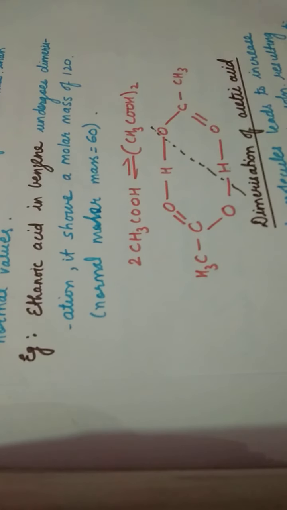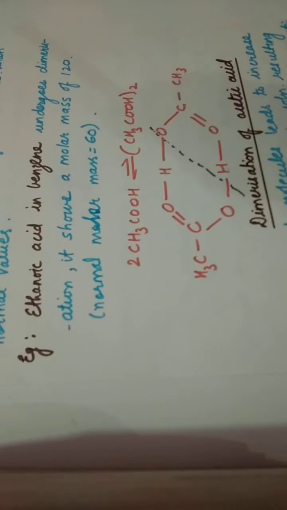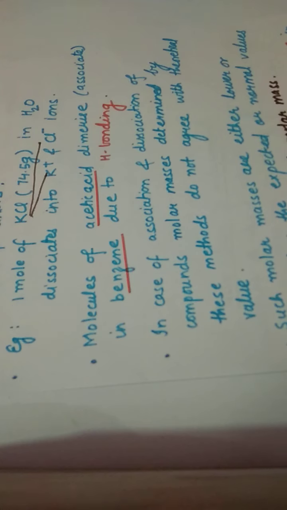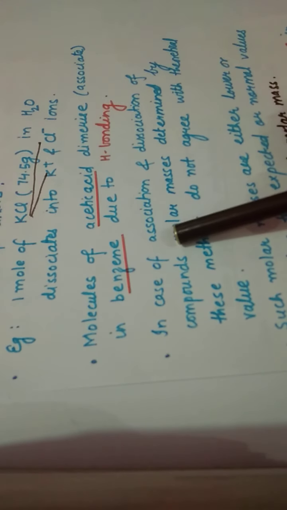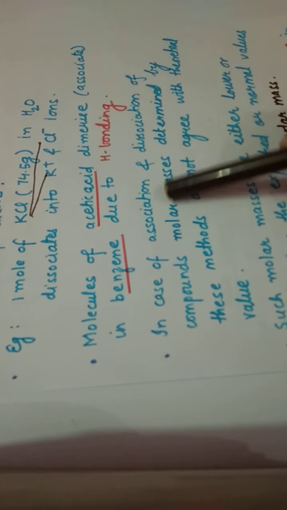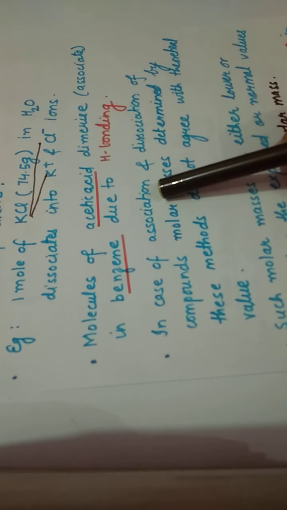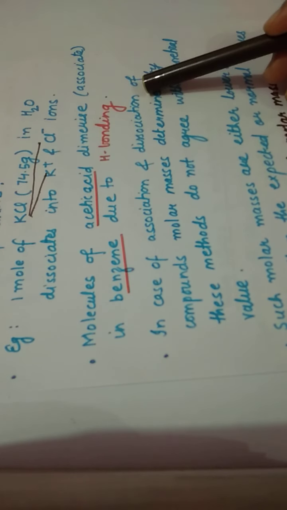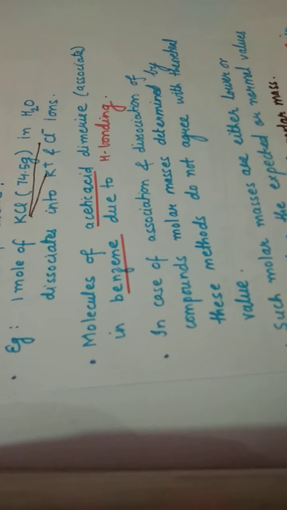Earlier, KCl was breaking into ions, and in ethanoic acid or acetic acid the molecules were combining and dimerizing. So two cases are there, either they will break or they will combine. That is what we call association and dissociation. Whenever molecules combine, that is association, and when the molecules break, that is dissociation of compounds.